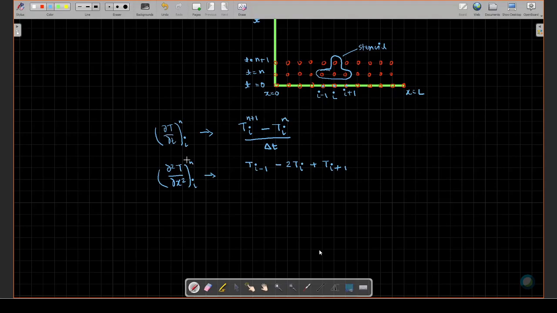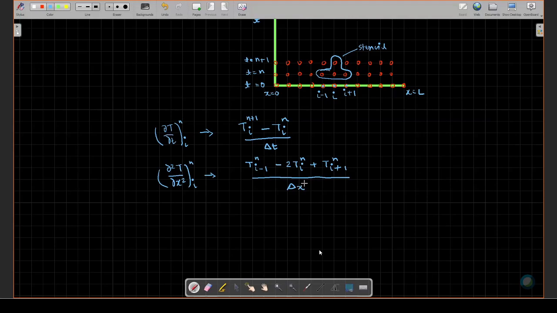Here we are not talking about time, so time is fixed at the previous time. So all these values are at the previous time, at different locations, differences between i plus 1 and i, like that. And the denominator is delta x square.